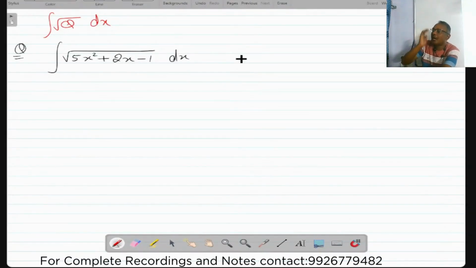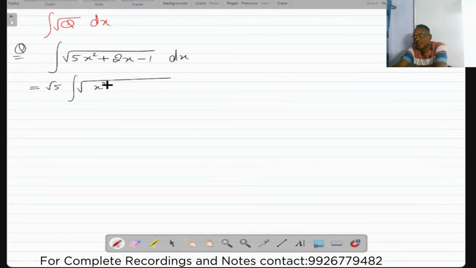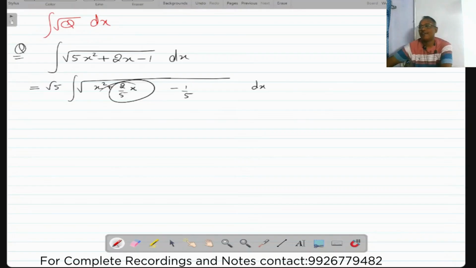So do you remember how to convert this using the completing the square method? Yes. Take a 5 out, a root 5 comes out. So this becomes x square plus 2 by 5x and minus 1 by 5 under the root. How much? Under root, the coefficient of x is 2 by 5, half of it is 1 by 5, square.